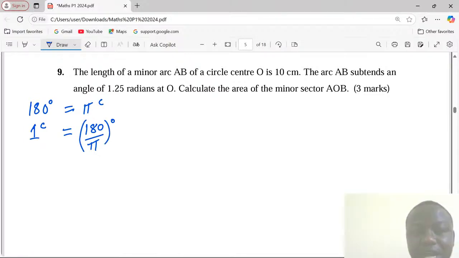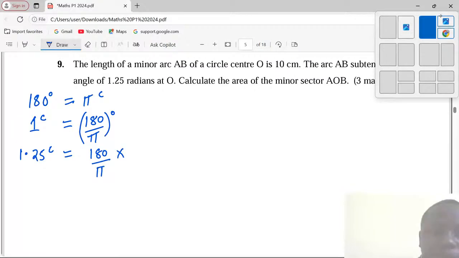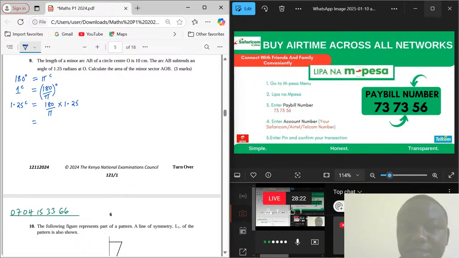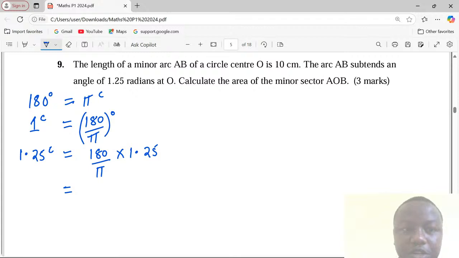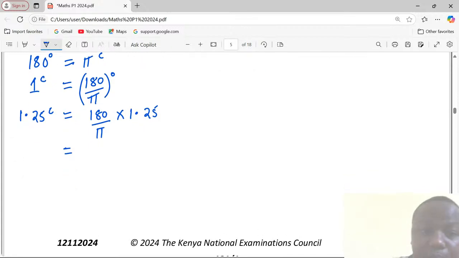That is the value of 1 radian. That means we can also calculate the equivalence of 1.25 radians. So this is going to be 180 over pi multiplied by 1.25. And this is going to give us an angle equivalent to 71.59.